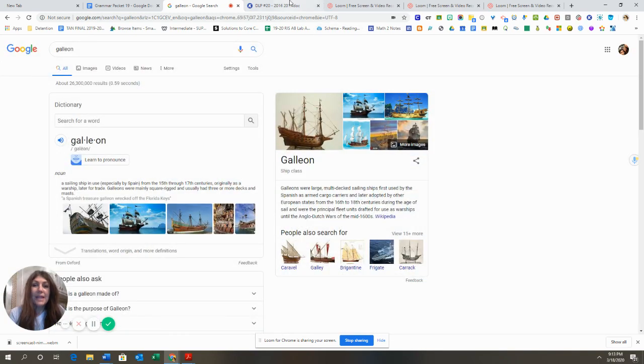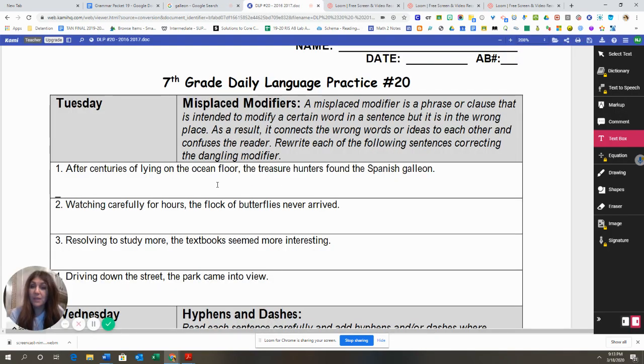So let's go back and see how we can reword this sentence so that it is not unclear what has been lying on the ocean floor. So the sentence would probably sound better this way.